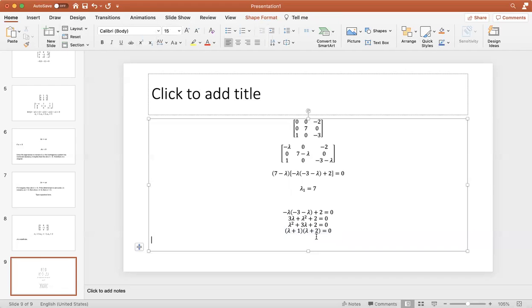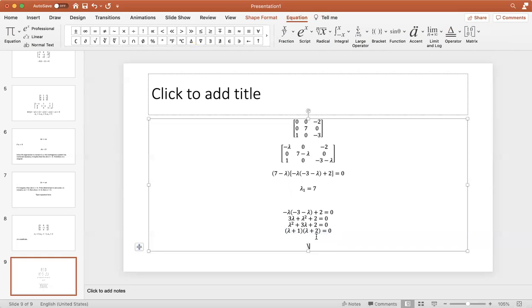And therefore, my other set of eigenvalues will be lambda 2 equals negative 1, and lambda 3 equals negative 2. So three eigenvalues: 7, negative 1, and negative 2. That solves all of our problems in the exercise set.